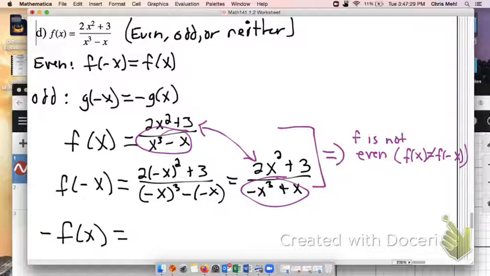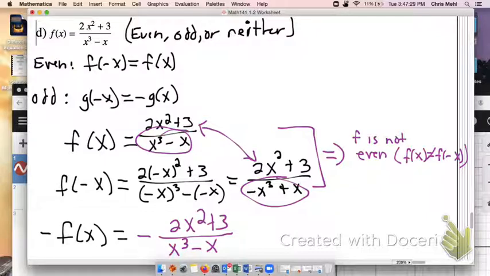Okay, now I'm going to compare f of minus x to minus f of x. Now, minus f of x is just putting a negative out front. Now, if I'm trying to show that's the same as f of minus x above, the second one, the one I've computed in the middle, you'll notice that the numerators are the same, 2x squared plus 3.